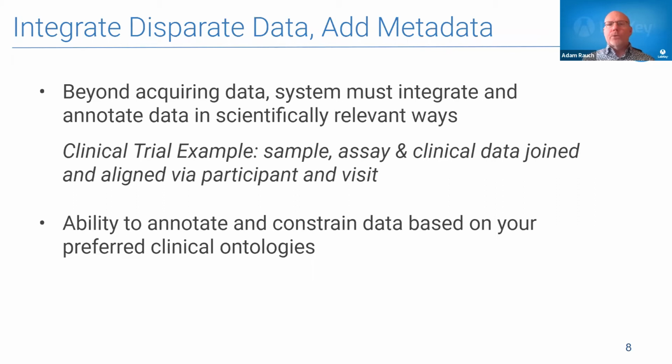Other examples, you need to have a system that is smart enough about this data, and in some cases, we use clinical ontologies to annotate that data and to be able to make smart connections between data, so that we know, based on clinical ontology concepts that we've annotated, that these data in these separate data sets are really the same thing.